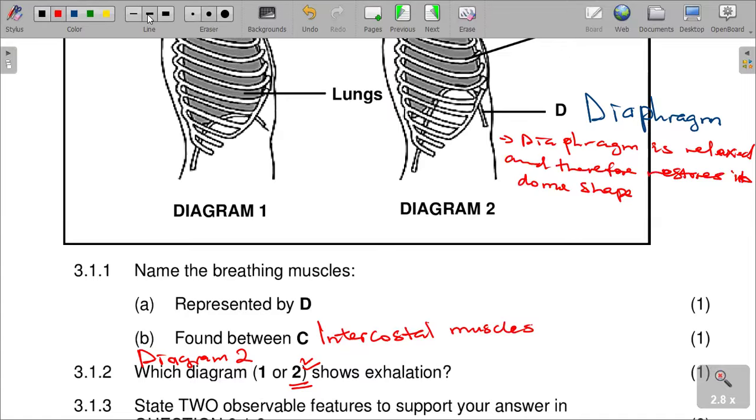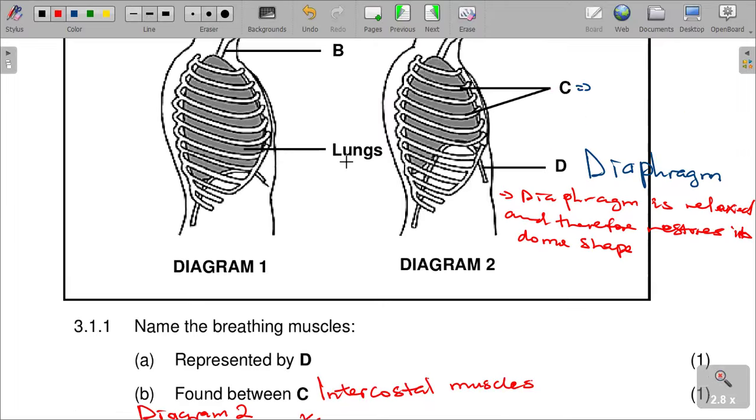And then also, exhalation can be seen in diagram B because the size of the chest cavity is substantially reduced, as well as the size of the lungs. The size of the lungs becomes smaller.